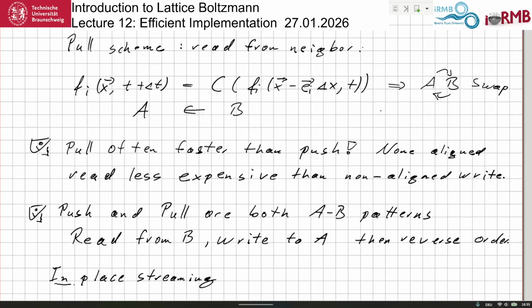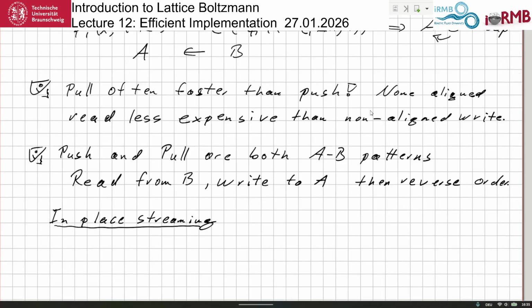There are several in-place streaming algorithms, but we will discuss only one here, because we are already running over everything. So what we mean in principle with in-place streaming: lattice Boltzmann is in one regard different from most other numerical methods, in that it has an operation that starts with q real numbers as an input and has an output of q real numbers, right?